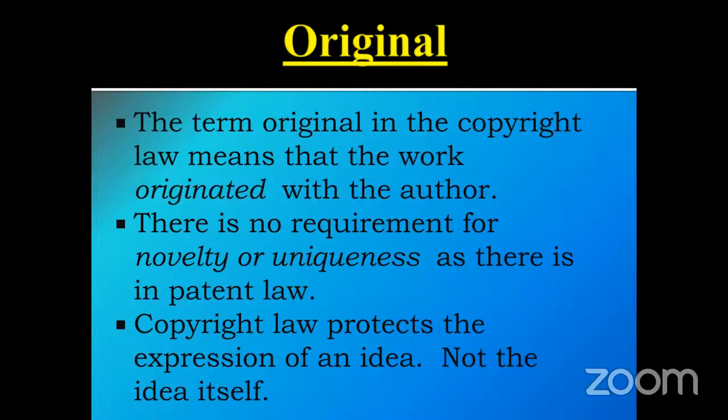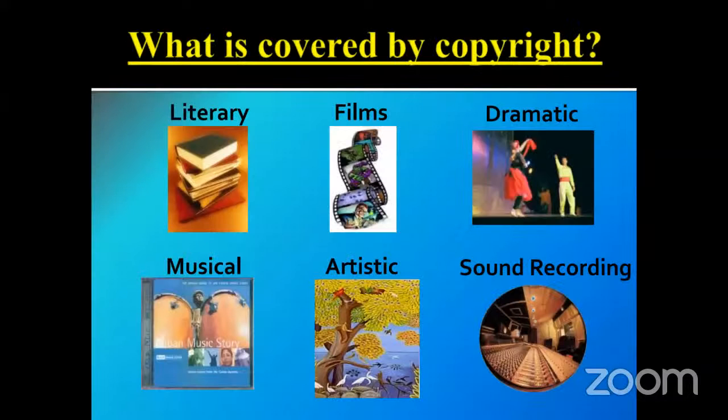Then copyright law, which protects the expression of an idea. So what is covered under the copyright? We have seen what is covered under the trademark. Similarly, we should know what is covered under the copyright. Literary work like books, films, dramatic, musical works, artistic work, and various sound recording compositions.